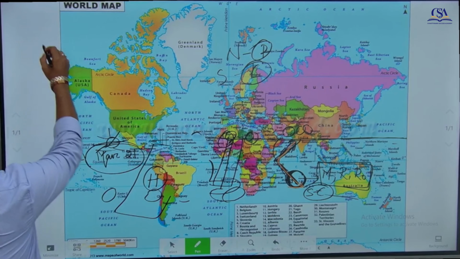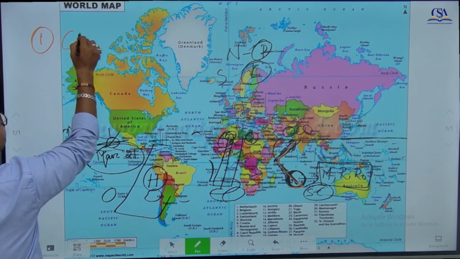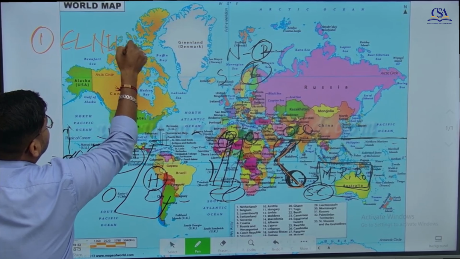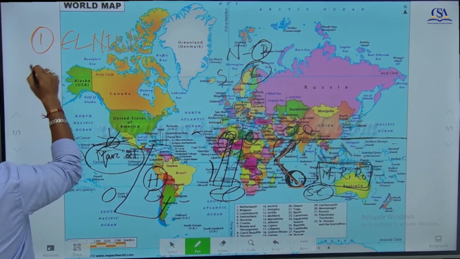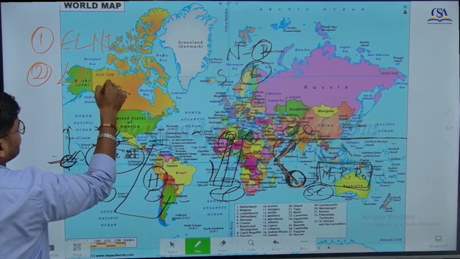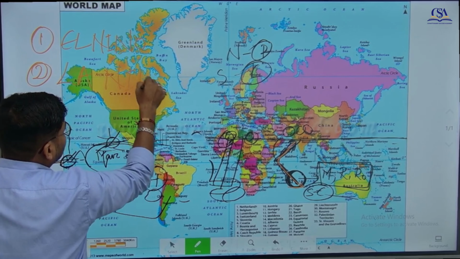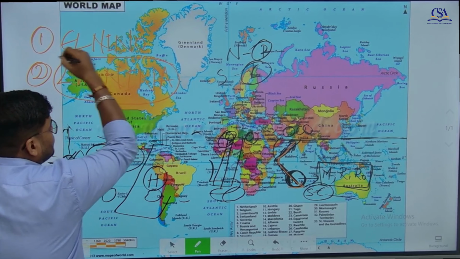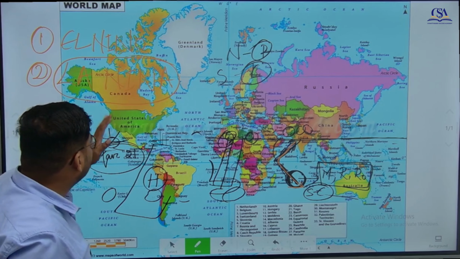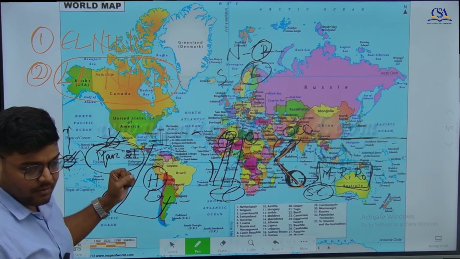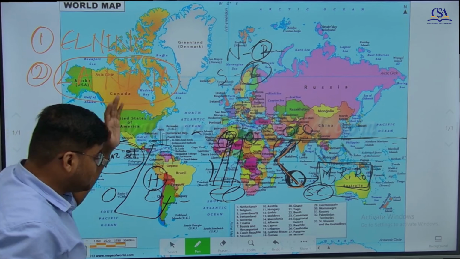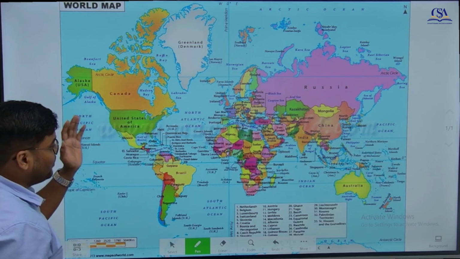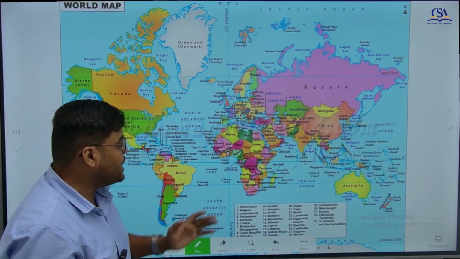First of all, we must have heard of La Nina, La Nina, La Nina. What is that? Because we tend to hear that only La Nina favors the Indian monsoon.